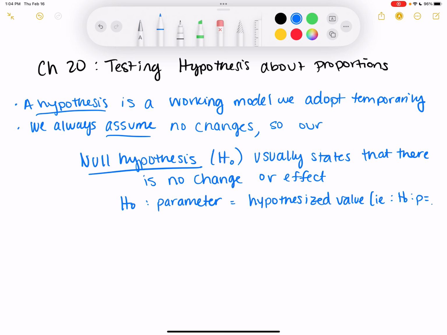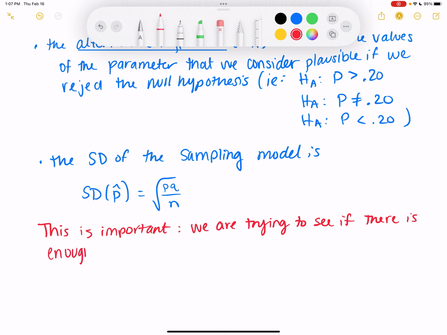Alright, this next thing is important. Not that the rest of it isn't, but we are trying to see if there's enough evidence to show that our null hypothesis is false.